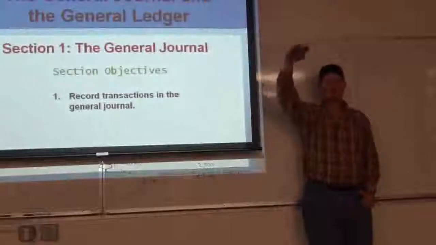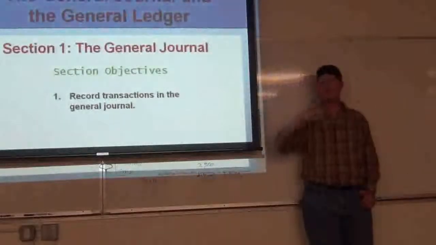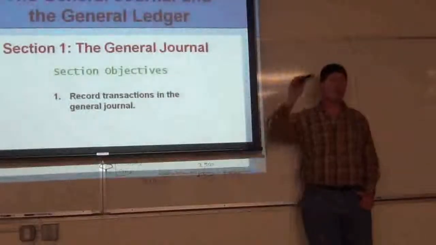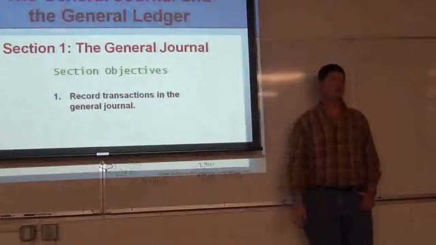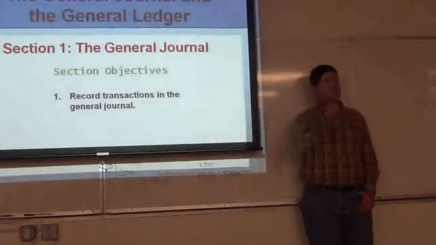So the first entry was from day 1, the second entry was from day 2, the third one day 3, and so on. What we're going to do, in the general journal, is record every transaction of the company just in sequential order. So the first transaction we always have when we start a new company is what? Owner invests capital in the company.